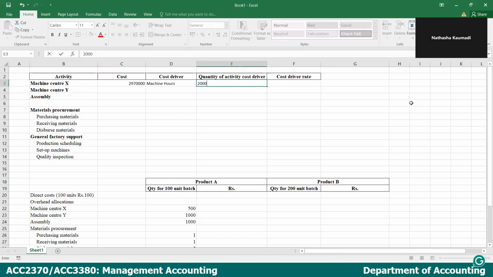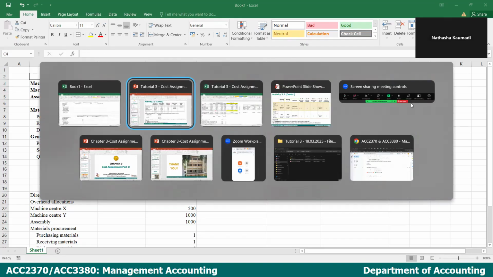So I'm writing 2 million. And then what is the cost driver rate? We can't exactly say cost driver rate, but for this question's sake, you take the cost, 2.97 million, and then you divide it by the machine hours, you have the cost. How do you actually interpret this? Rupees 1 and 48 or 49 cents per machine hour. That's how you interpret.